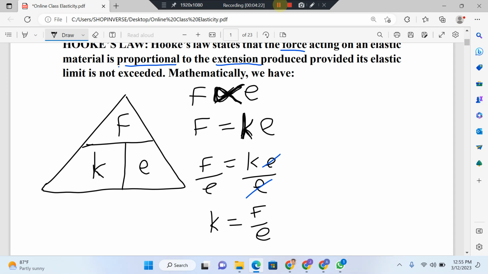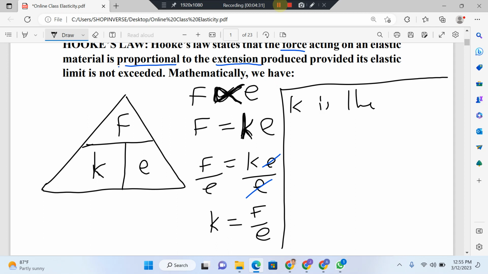From this, we have to talk briefly about K. K is the stiffness of the spring, or you can say K is the stiffness of the elastic material.